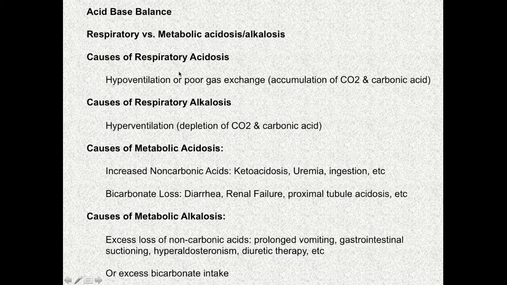If the respiratory system is the cause of the acid-base imbalance, then it is not available to participate in compensation. In that case, the renal system must compensate. So if the lungs are causing the imbalance, then the renal system is the only system left to help compensate. And then the reverse is also true.